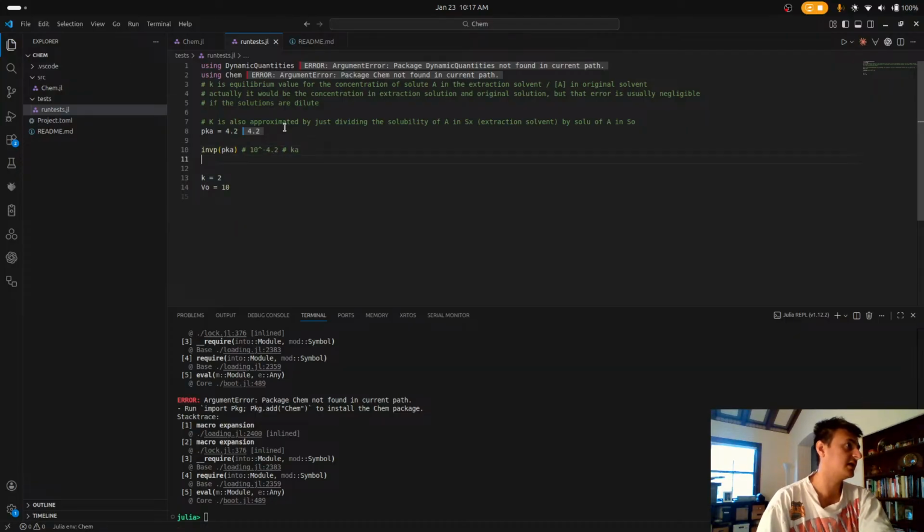And Ka, if you have HA plus H2O goes to A minus plus H3O plus, then the Ka is equal to the concentration of A minus times H plus over HA.